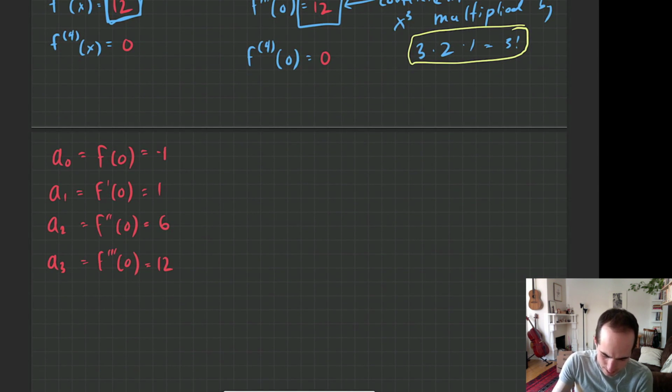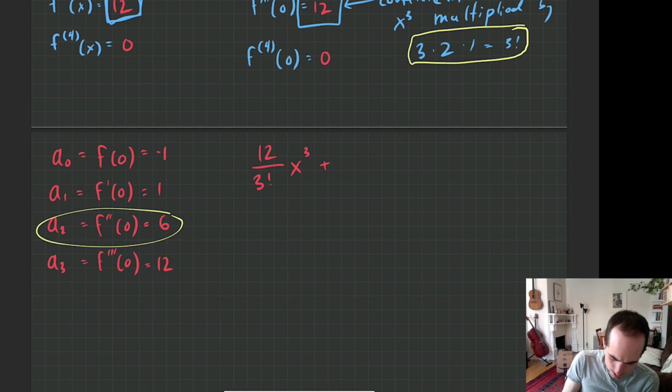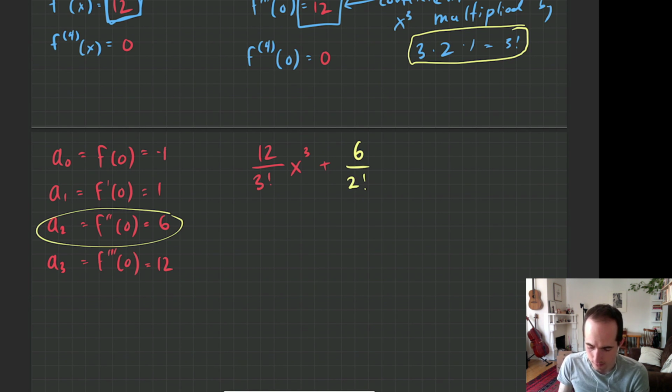So the way we do that is that we would take our original term, which is 12, and we would divide it by 3 factorial, and then multiply that by x to the power of 3. Now let's focus on this term here. So I'm going to have our 6, that's our A2, and we're going to divide that by 2 factorial, okay, and multiply that by x to the power of 2.